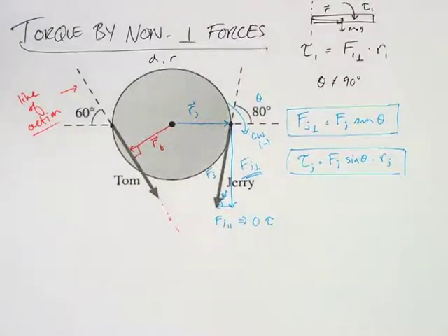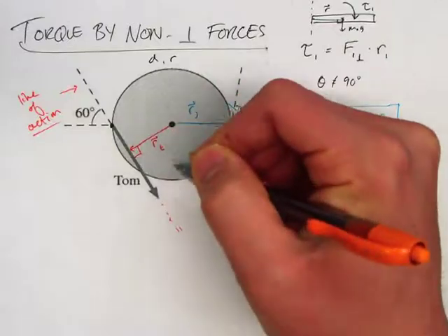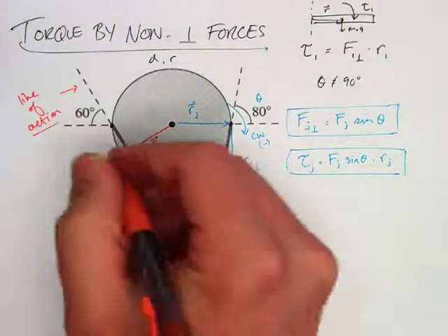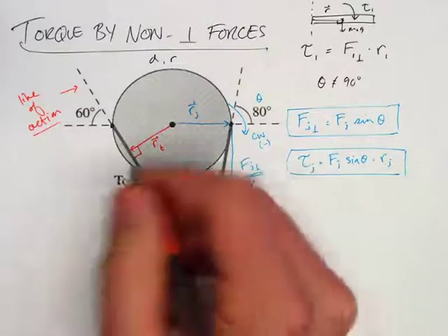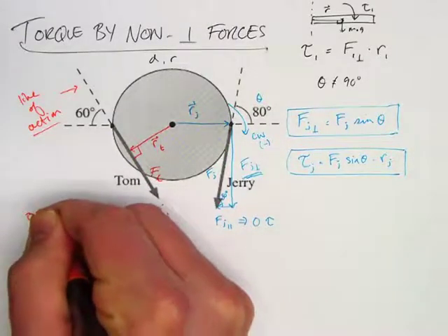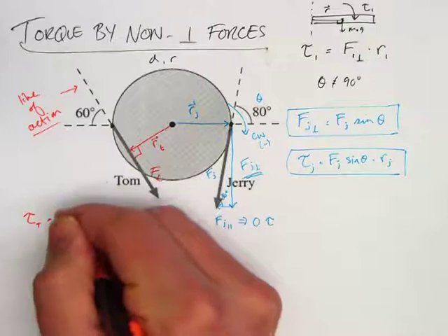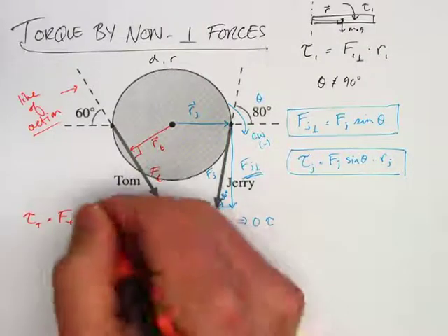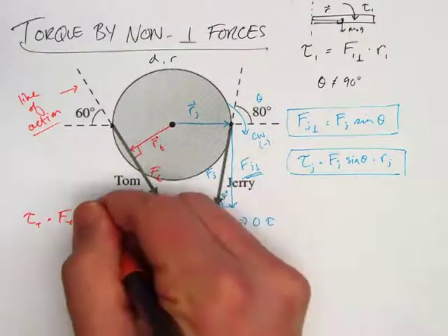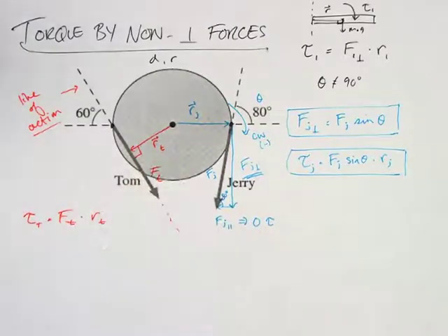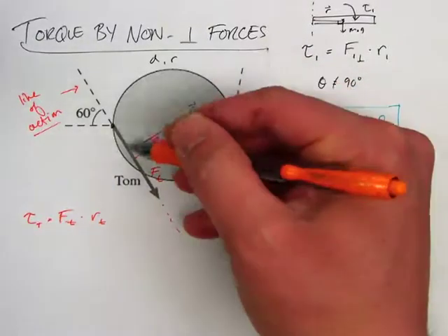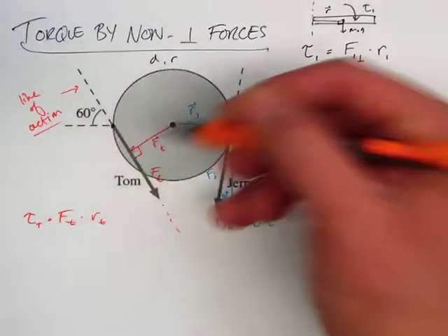So that angle is 90 degrees. And all I'm going to do is say whatever this lever arm is, so the torque exerted by Tom, let's call this F sub t, will be the force exerted by Tom times this new r sub t. But notice this r sub t is less than the actual radius of the circle because it intercepts the force before it reaches all the way over.